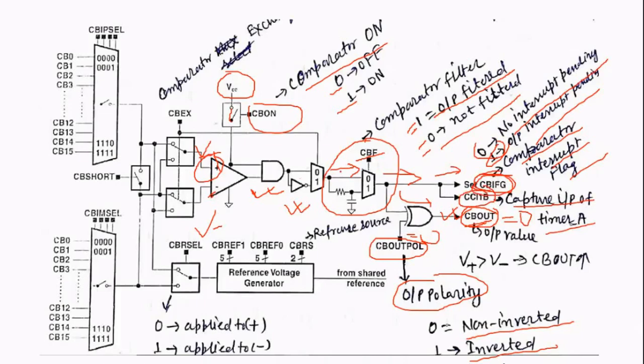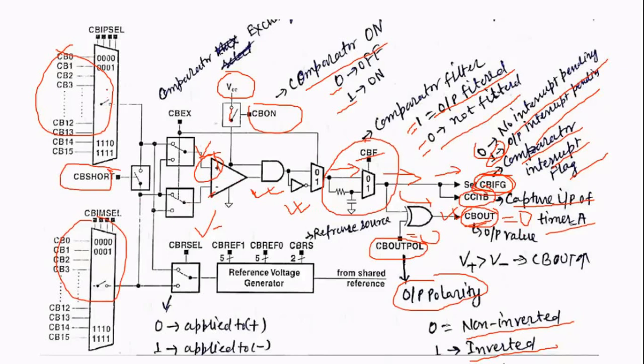In this way, you can define what will happen. You can summarize once. Here one input is there, and here one input is there. If you use these two inputs, there is no problem. You can just compare these values and get the output. If you want to sort these two things, you can use this comparator as a sample and hold circuit.